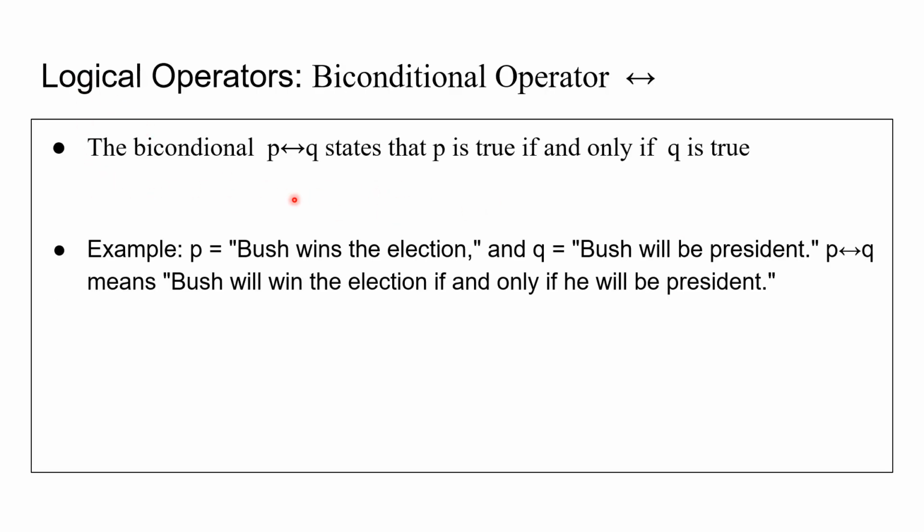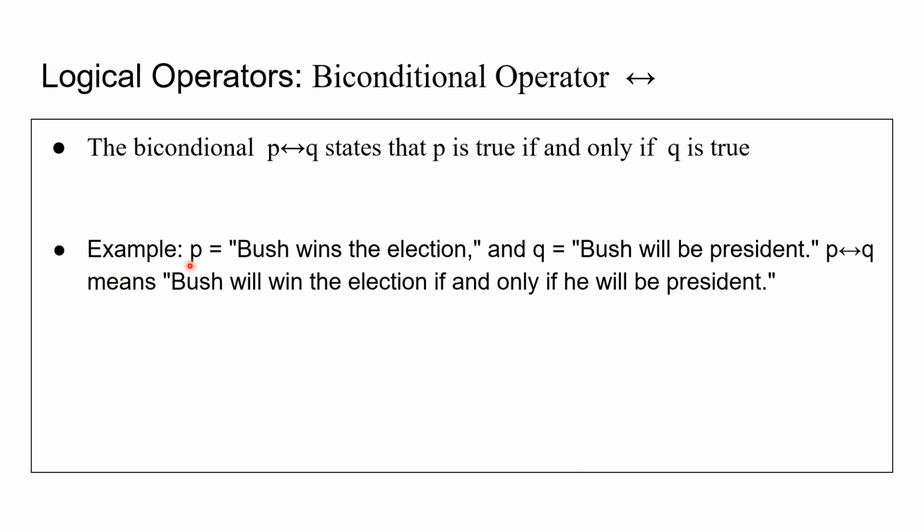Finally, let's move to the last logical operator, biconditional. It's also a binary operator. If P biconditional Q, it states that P is true if and only if Q is true.